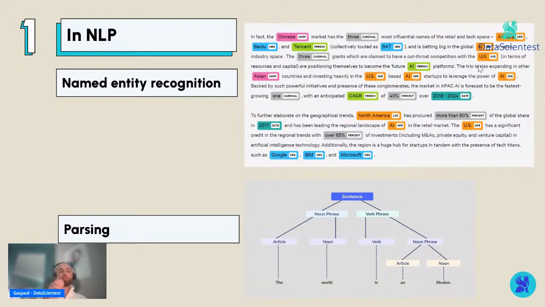And so you extract the key information from the text. And parsing is close to POS tagging. You try to know the role or the purpose of each word in the sentence, to understand how the sentence is written, and how the words are related.